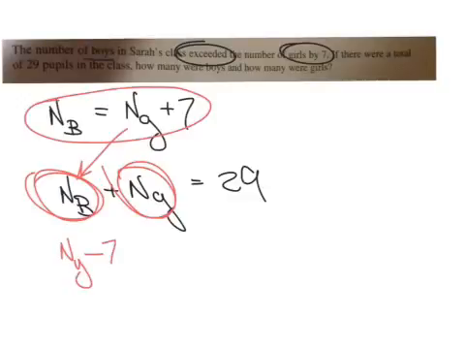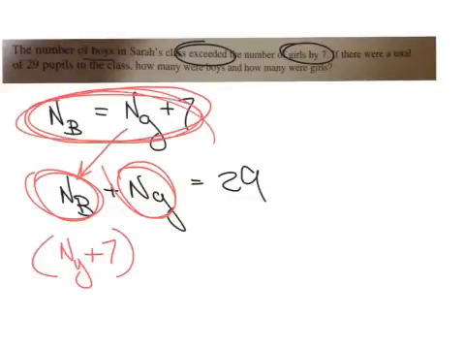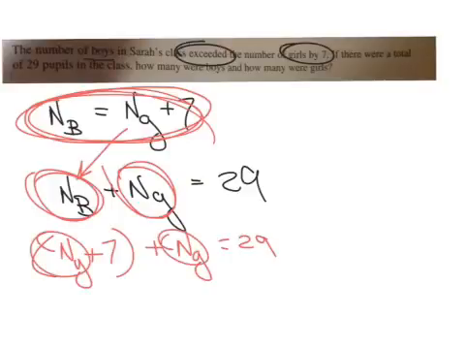We're going to change the variable. Since they're both equal to each other, we said they're equal up here, I can exchange what they are. So I'll take the number of boys plus the number of girls equals 29. So if I take my girls and add them, that gives me 2 NG plus 7 equals 29.